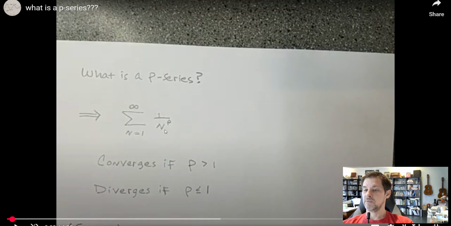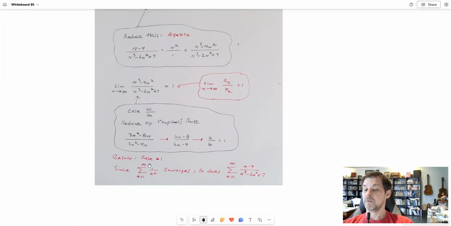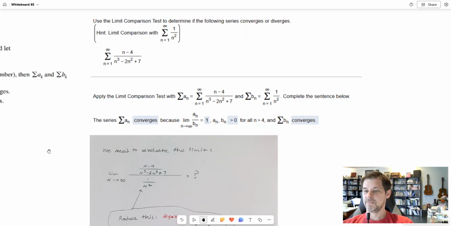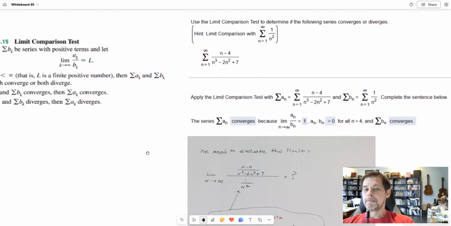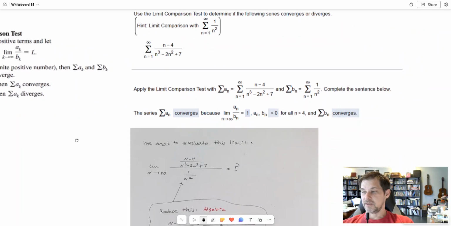So the series 1 over n squared converges because it's a type of p-series that converges. So that's the basis where I say, okay, that series we were comparing with converges, so does ours. So does the one we were starting with. That's what case 1 says. They both converge or both diverge.